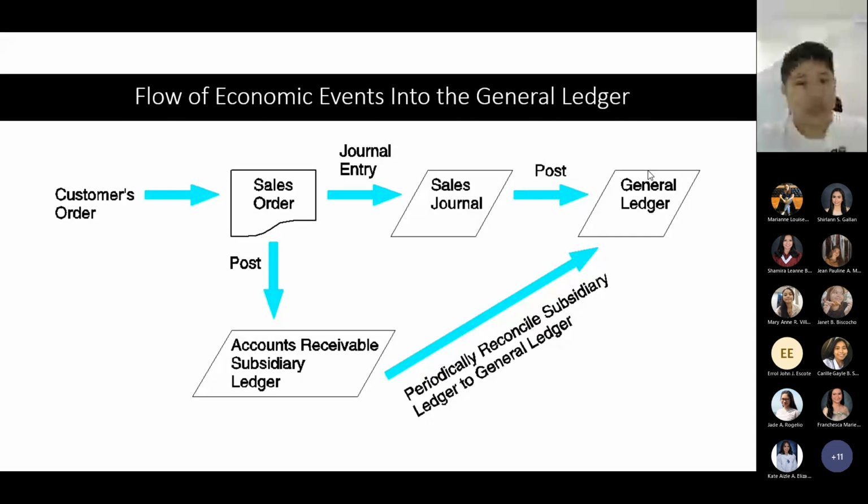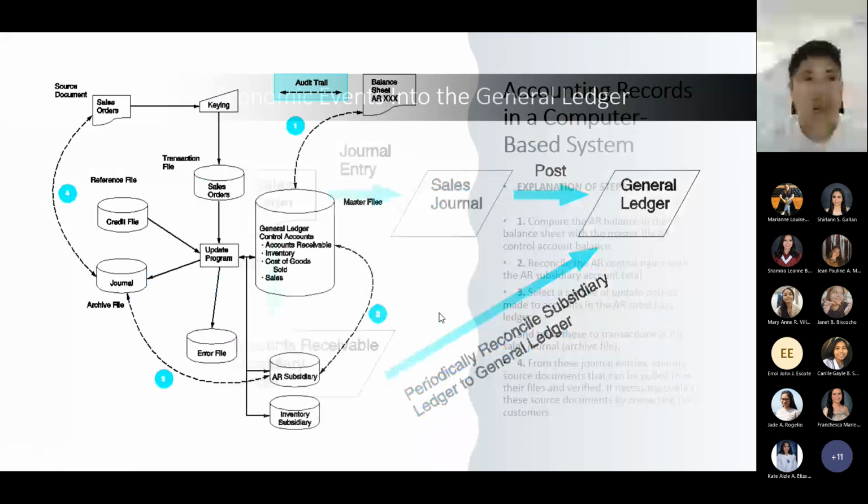Pag tiningnan niyo subsidiary ledger niya at inisa-isa yung mga motor vehicles plus less their depreciation, dapat 3.5 million din yun. So periodically reconciled. So this is how you flow economic events into general ledger.